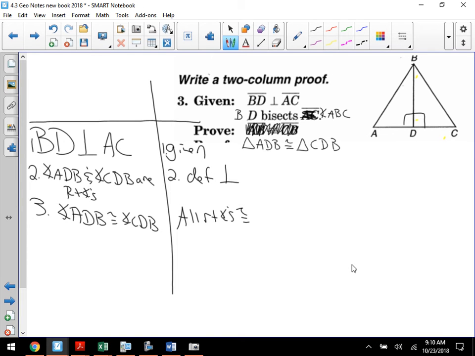Remember, when you have perpendicular, there are two things you have to say after it. First one, you have right angles. Second one, right angles are congruent. Once you utilize all that information, you go to the next bit. The next one says that BD bisects angle ABC. So we write that down as our next given.